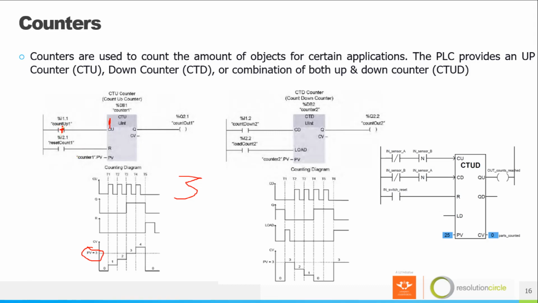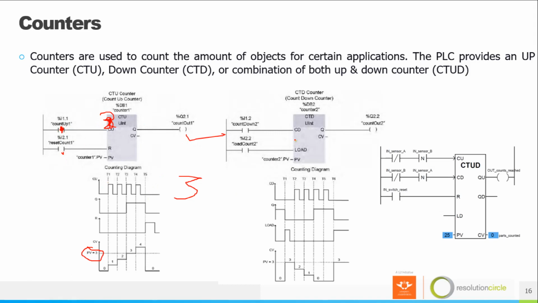I release, I press again, it will increment to 2. I release, I press again, 3. The moment it reaches 3, my output will be high. Then I press a reset, and it will reset everything.